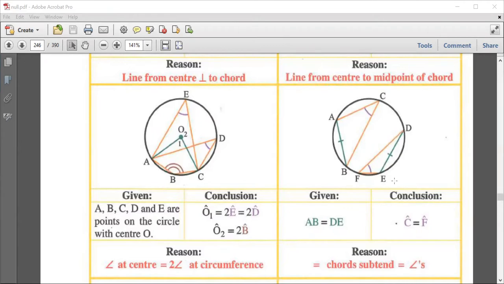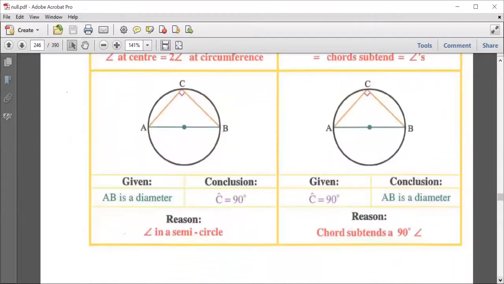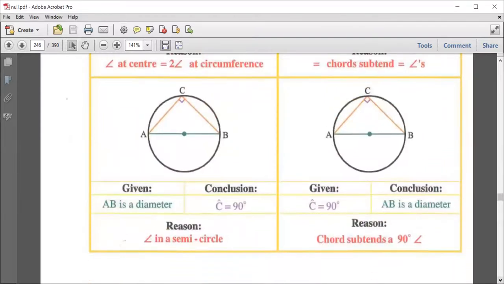Let me give you the last theorem before we go to the questions. Another popular theorem is this one for the semicircle.